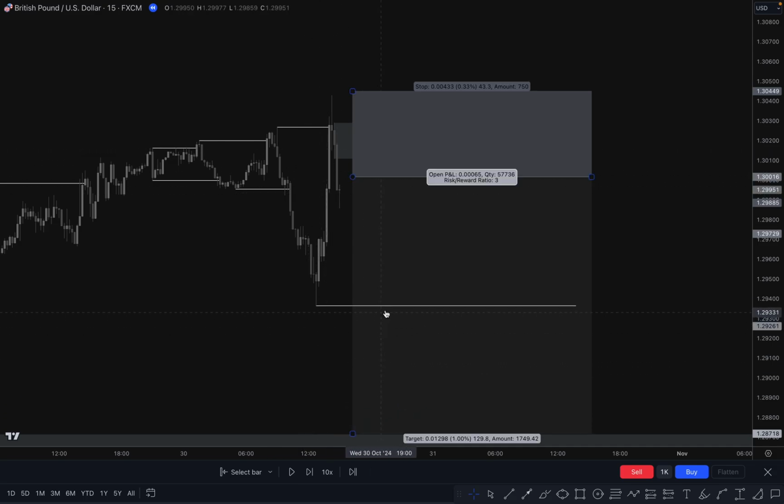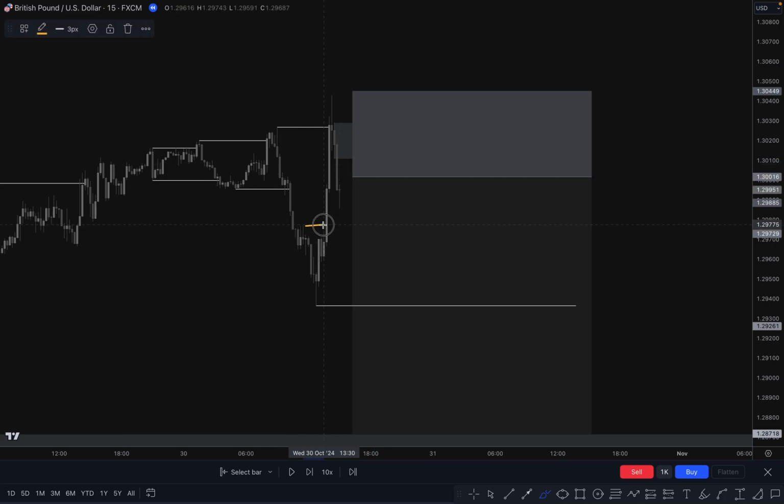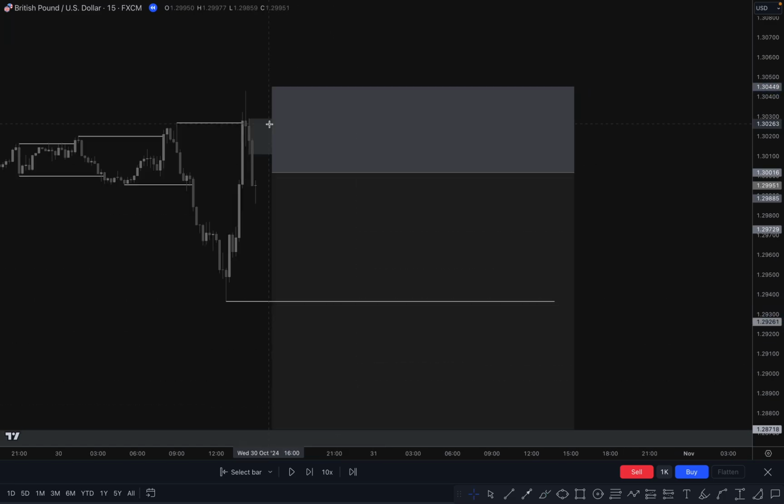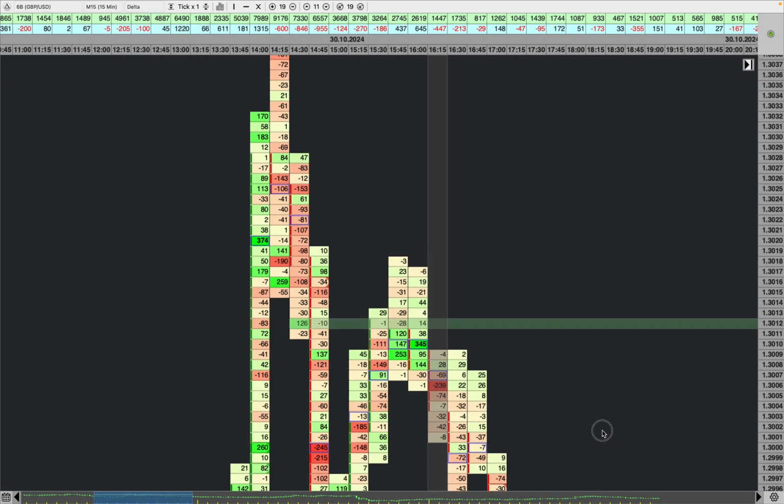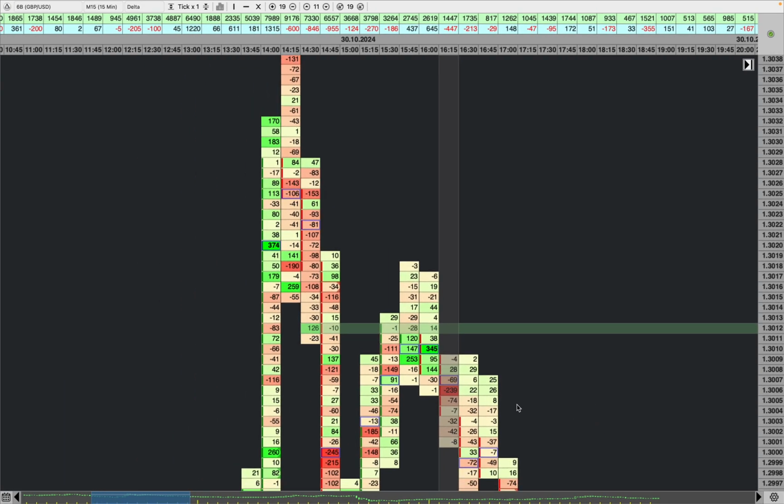I'm expecting it to come break down this low. That is the low in the market because that was the minor structure that got taken out, and then from this high and this high, this was the lowest point. In the last video, I already explained why this was our valid supply zone. We can just look at the footprint again.